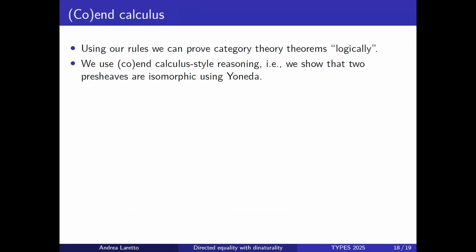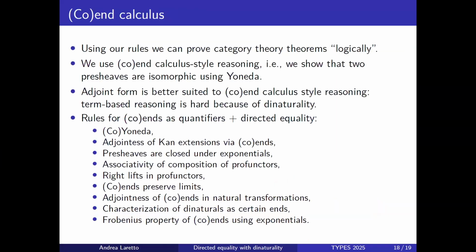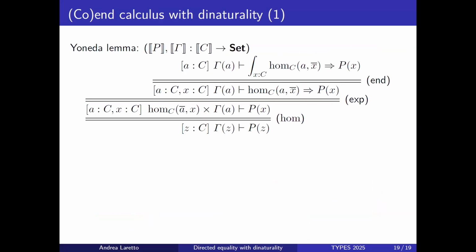Okay, with these rules, you can do coend calculus, and you can prove these things synthetically. I'm not going to show all of them, of course. I'm just going to show you the first one. This is Yoneda, and you use this kind of Yoneda reasoning using isomorphisms to prove what you want. You start from this. You have ends, which is like a for all. So I can remove it and add a variable in context. You have an exponential, twisted exponential.